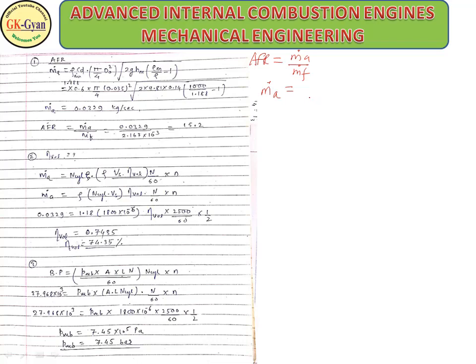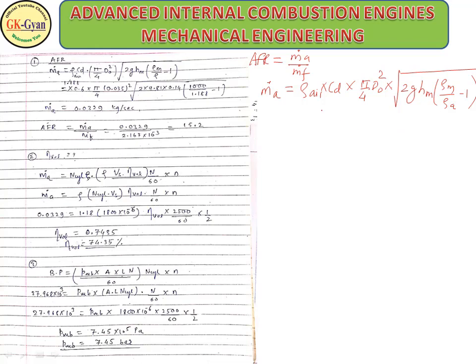What is the formula for m dot A? Rho of air into Cd into pi by 4 dO square into under root of 2gHm upon rho m by rho A minus 1.